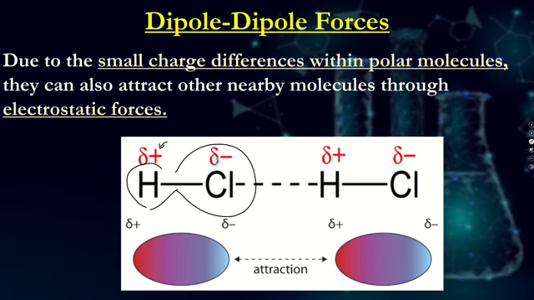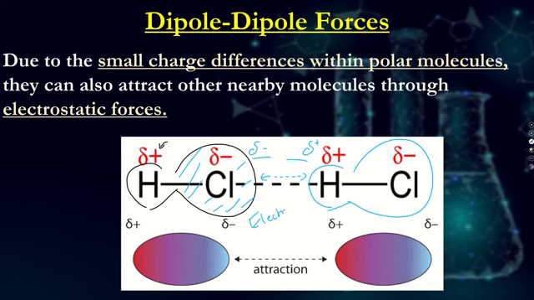If hydrogen chloride, or hydrochloric acid as we sometimes call it, is placed near another hydrogen chloride, because this is negative and hydrogen is positive, they're going to attract towards each other because there's a net charge difference.